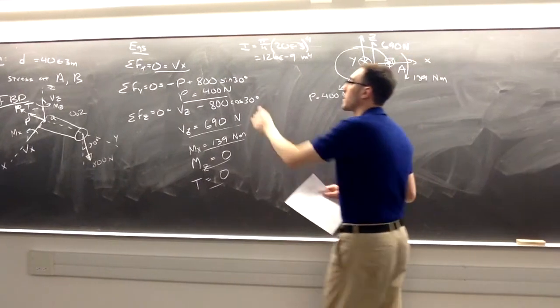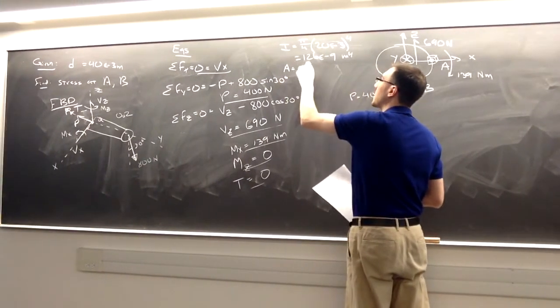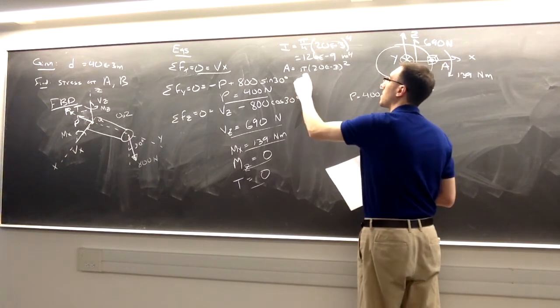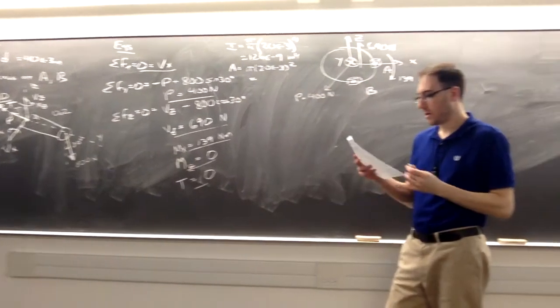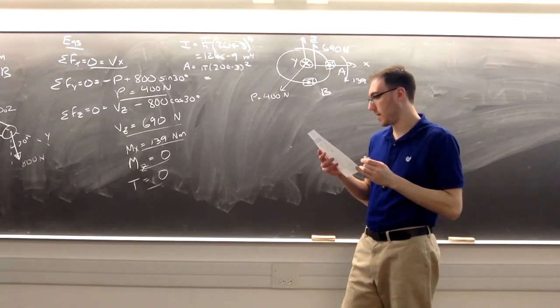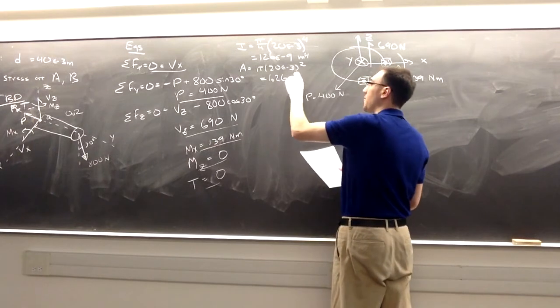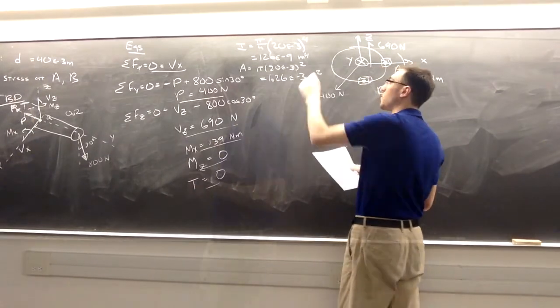I also may as well calculate the cross-sectional area, since I'll need that as well. So pi r squared, the cross-sectional area, 1.26 times 10 to the negative third meters squared.